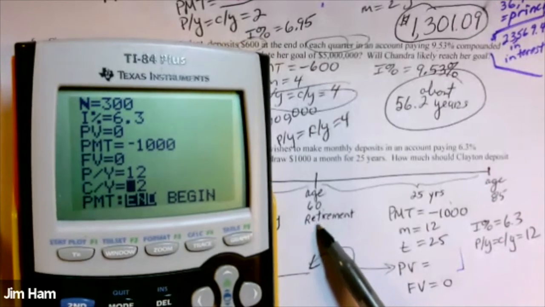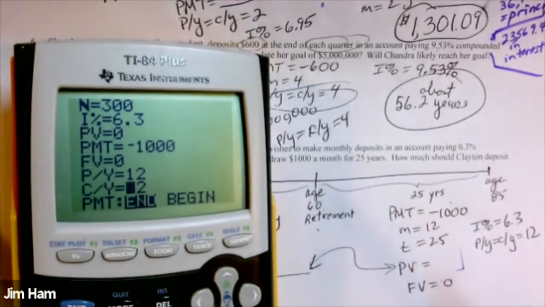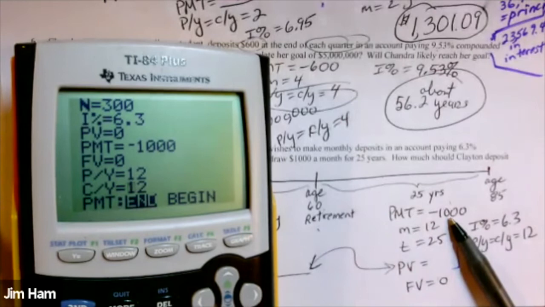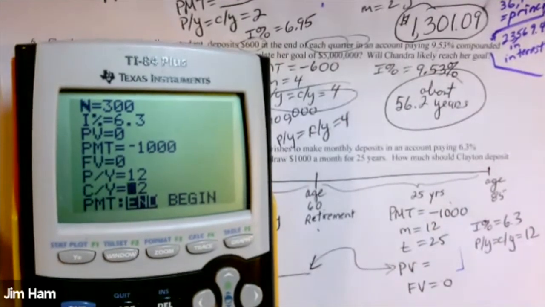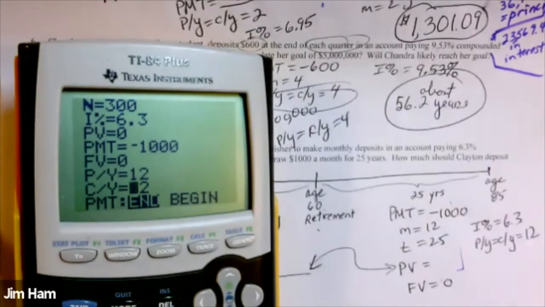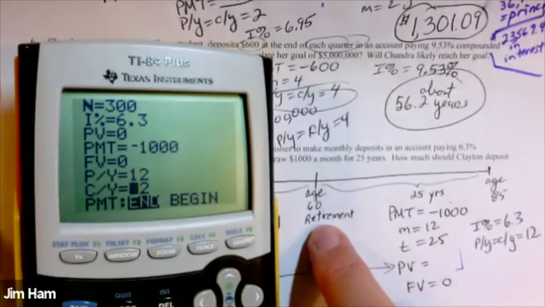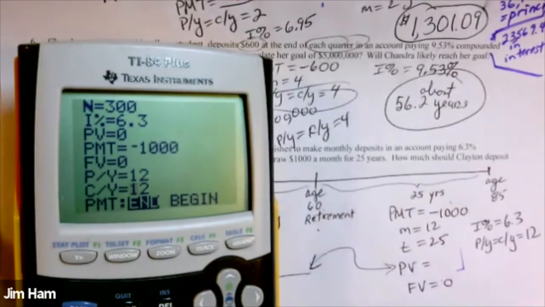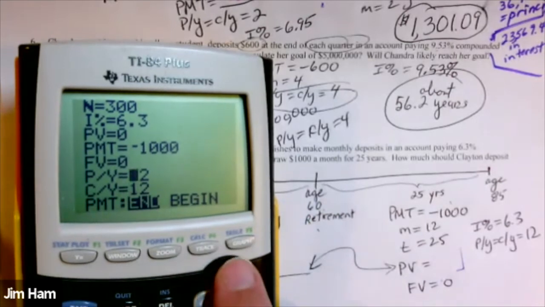All right, 25 years, $1,000 payments, that's 12,000 per year. 25 years, $300,000. So we know the payout's going to be $300,000, but we certainly don't have to have that amount here. Maybe just over 100,000 is all we need. Let's see. We come up here and calculate the present value.